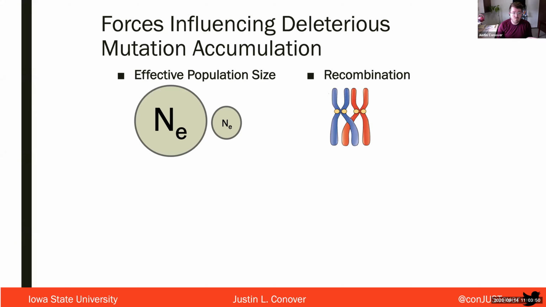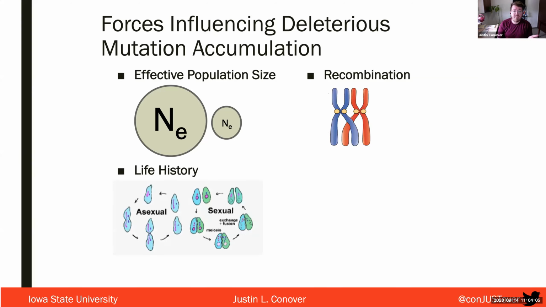Recombination also plays a huge role. If you have regions where there's not very much recombination, you can accumulate deleterious mutations quite frequently, whereas if you can pair them up through recombination, it's easier to purge multiple deleterious mutations at a time. Also, life history has an important part in deleterious mutation accumulation.